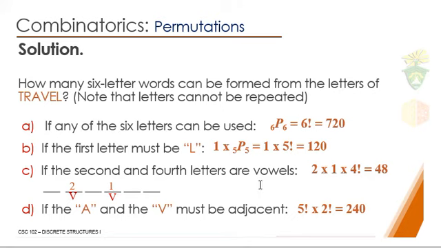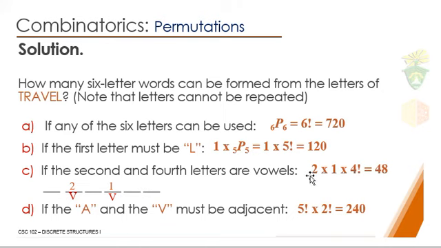Because the vowels are A and E, in the second slot you have two possible letters. It can be A here, E there. Another set: E here, A there. So it's two.